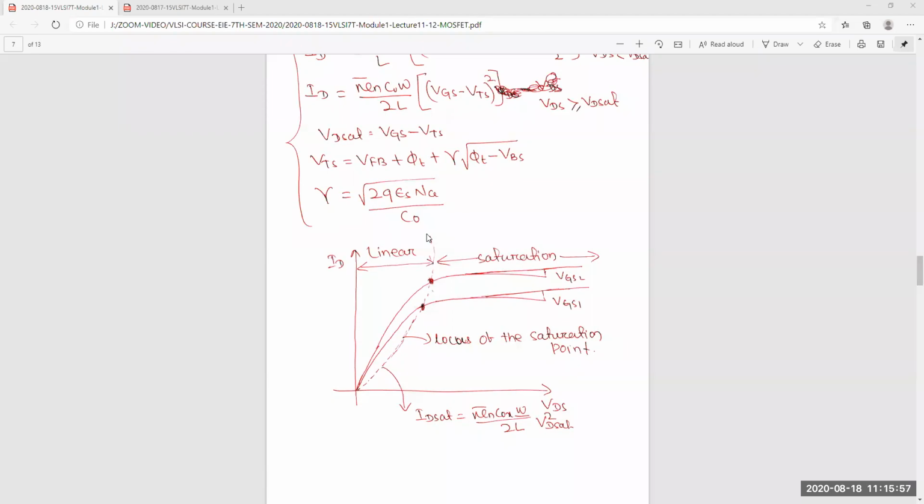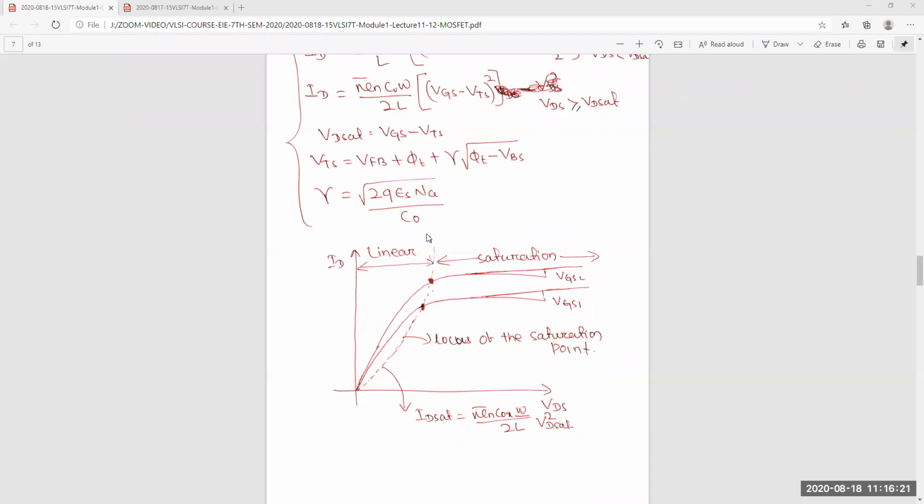Sir, I had a small confusion. When we are considering the body effect, in one case bulk is the reference and in another case source is the reference.